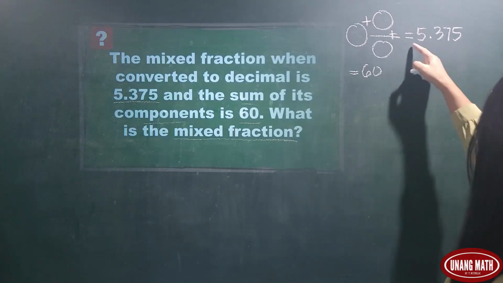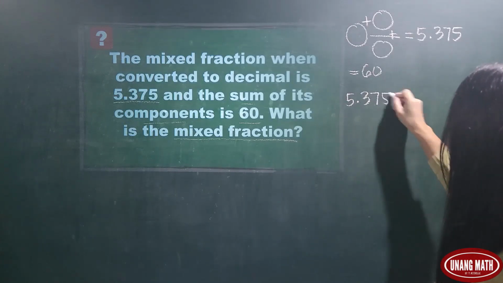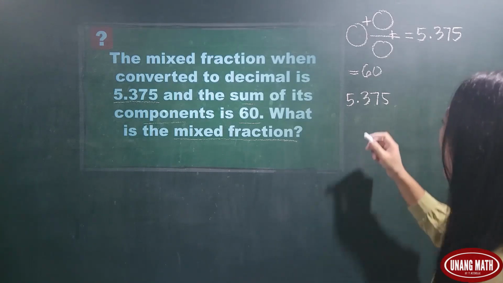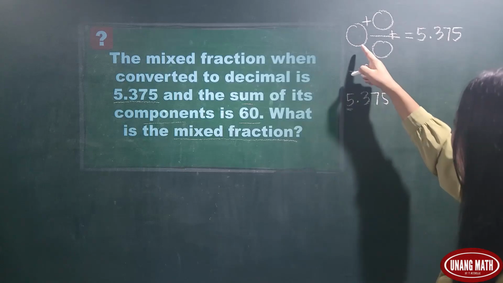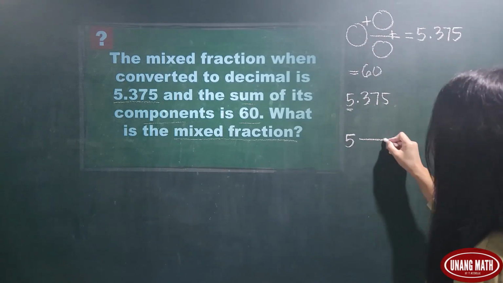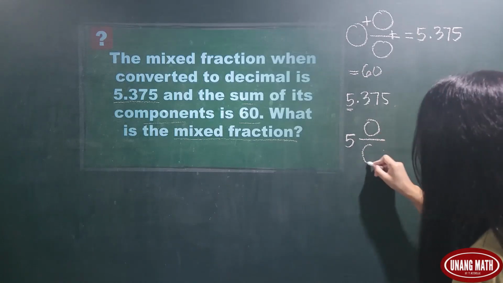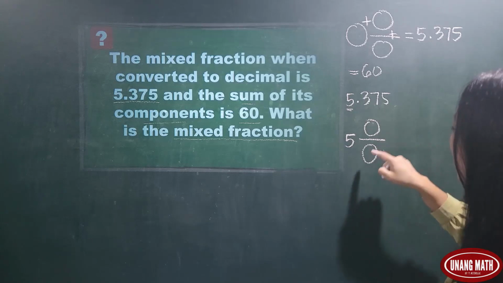Okay, alamin natin kung ano ang mixed fraction na ito. Okay, kunin natin ang decimal number na 5.375. Okay, ibig sabihin, ang whole number na 5 dito, ito rin ang whole number sa ating mixed fraction. So, this is 5, okay, and numerator, denominator. So, ang kailangan na lang nating malaman ay ang numerator at denominator.